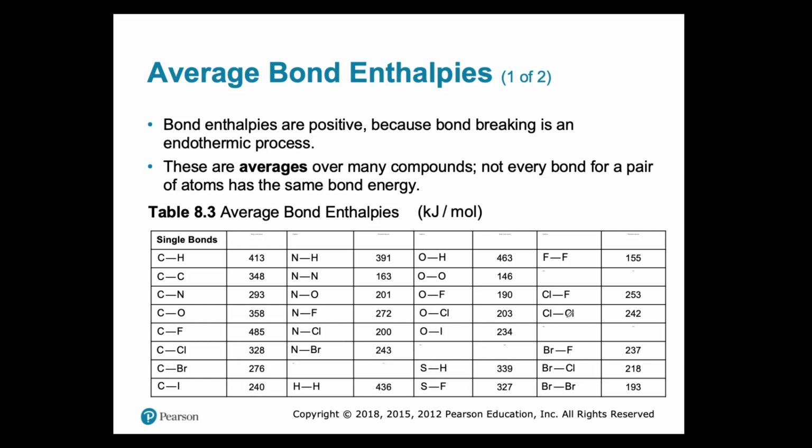A positive number indicates that energy is going into the system, because that system is gaining energy. What's the sign if it's losing energy? It's negative, right? If it releases energy, then it's losing energy, then it's negative, and that's the exothermic process.